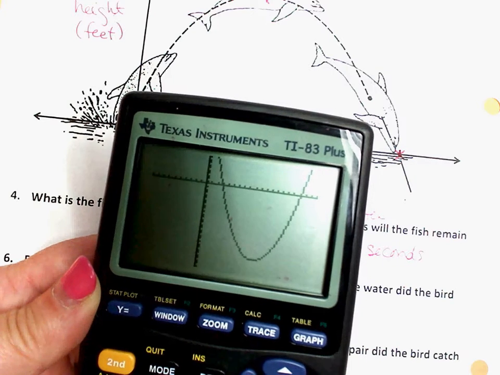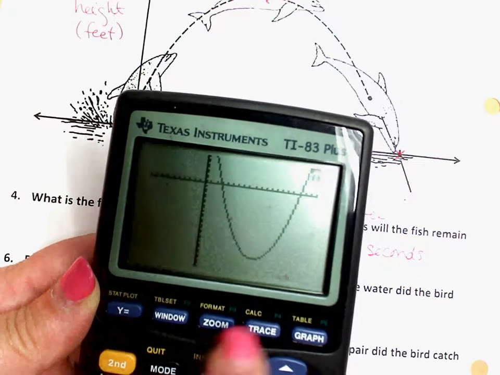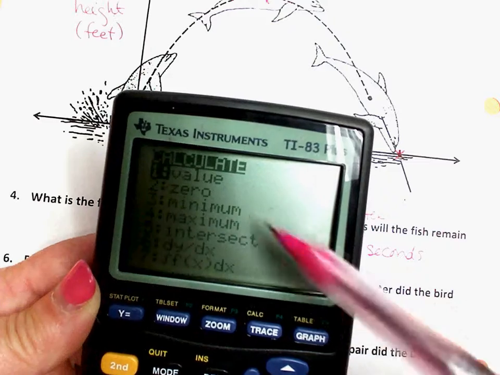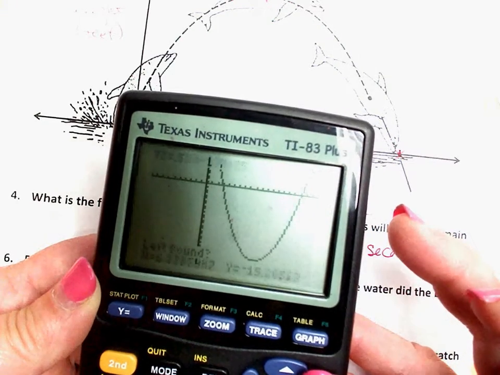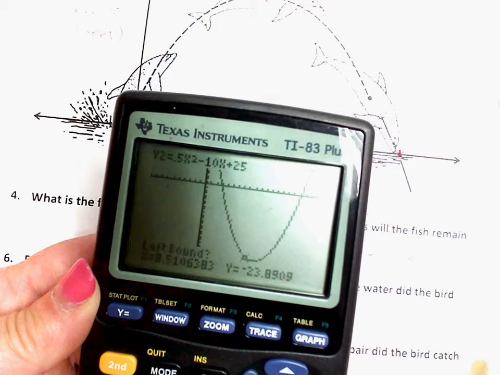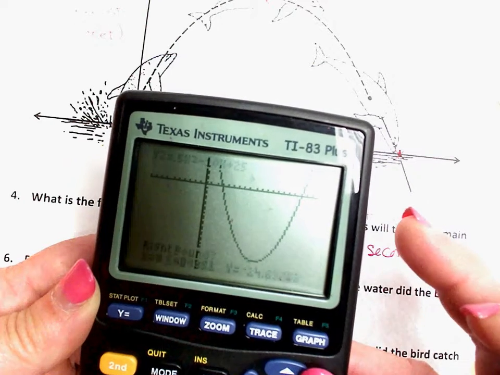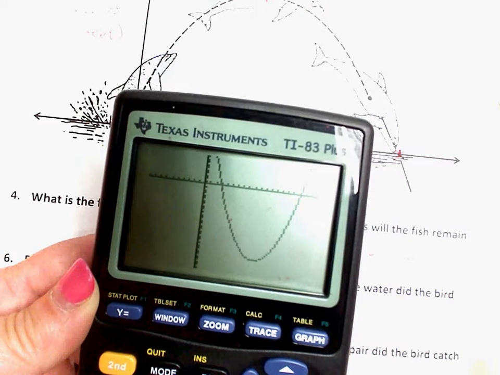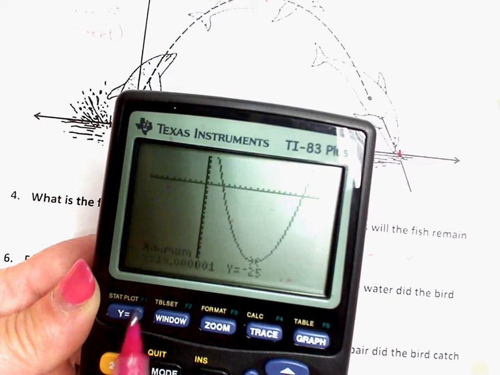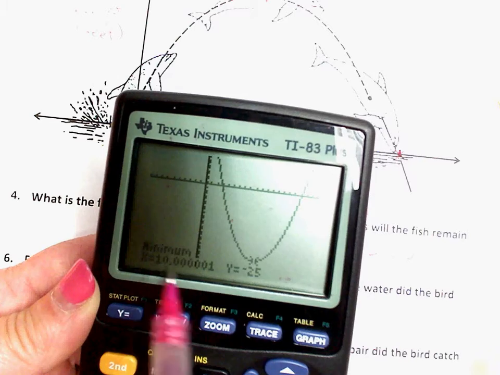So now I'm going to calculate the minimum, number 3, and I'm just going to pull my left anchor a little bit to the left of the vertex and the right one a little bit to the right. And when it says guess, I'm going to hit enter one more time, and I'm going to find that this one has a vertex at 10, -25.